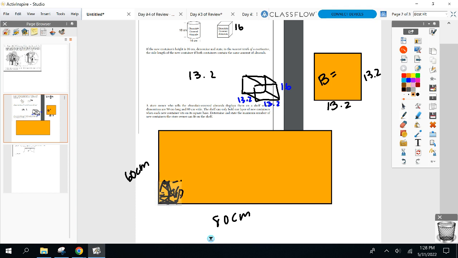There's one. 13.2, 13.2. Hopefully after this one, you see where I'm going with this.